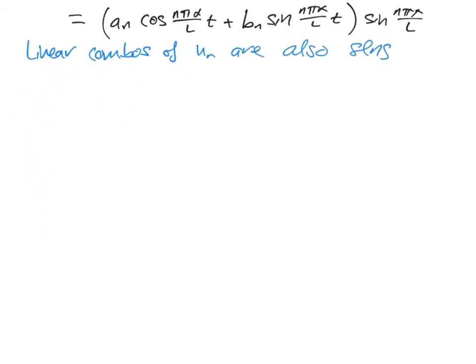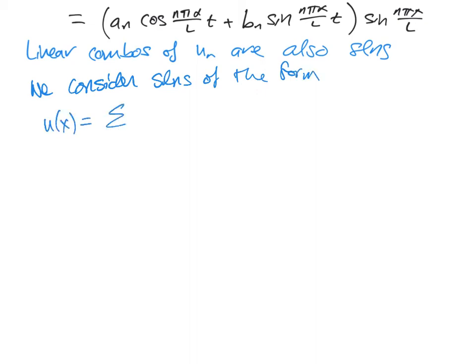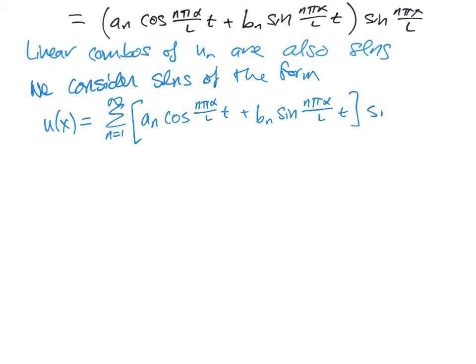So that is to say, we consider solutions of the form u of x,t equals the sum from n equals 1 to infinity of the an cosine plus bn sine t terms times our sine x term.